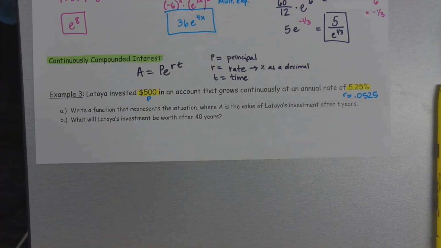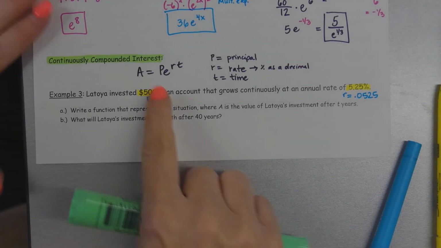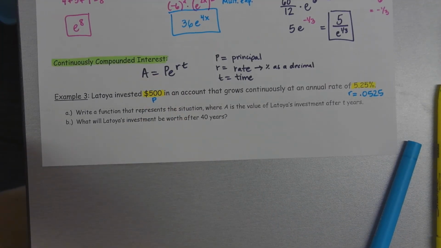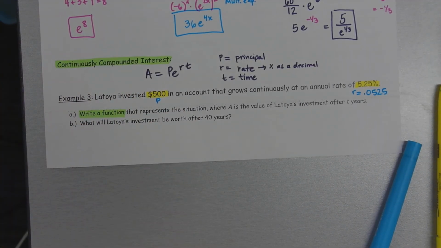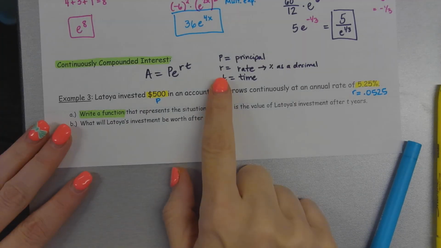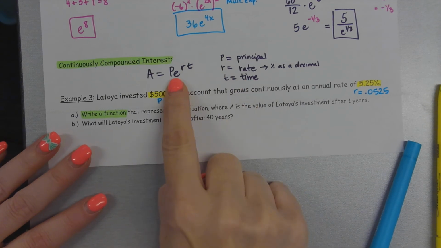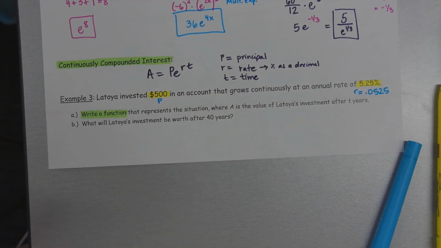And then for part A, it says to write a function. So you have to write a function in this form. You need to have a y equals or an A equals in your function. Okay, you have to have variables in there. The reason why we didn't write what e was equal to is because e is the exponential constant, so you aren't going to be plugging anything in for e.